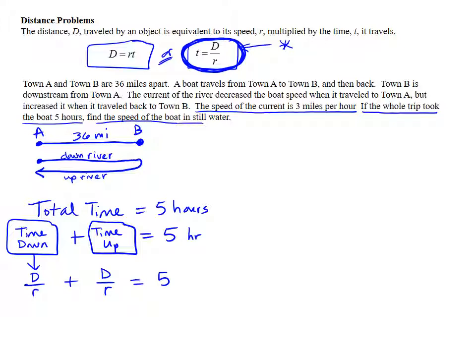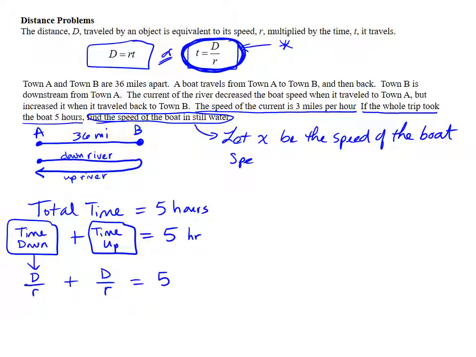We want to find the speed of the boat in still water. So anything we're trying to find, that should be the variable. So let's let x be the speed of the boat in still water. Now remember, the current is going to affect the speed, and the speed of the current is 3 miles per hour. How that affects it is the speed of the current is going to increase or decrease the speed of the boat.